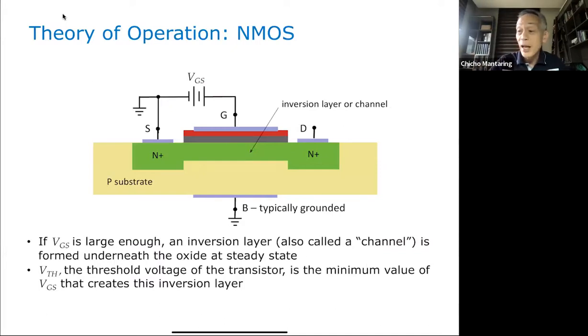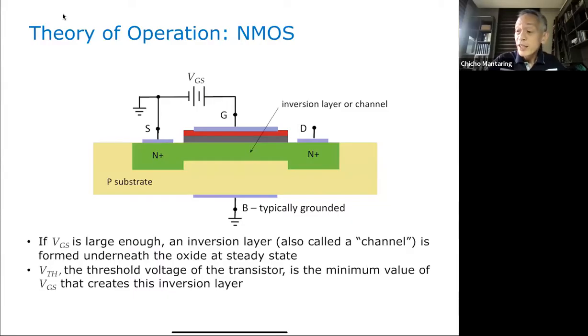So this area becomes an N-type, and we call this a channel. We say a channel has been enhanced underneath the gate. That's why this is called an enhancement type MOSFET, because you're enhancing a channel underneath the gate.